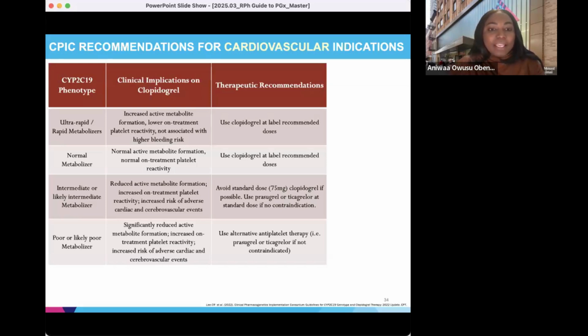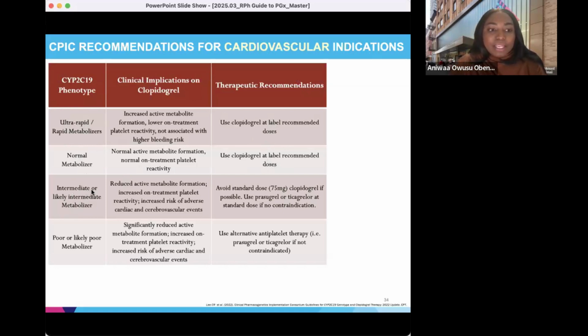So according to CPIC, if you are an ultra rapid metabolizer or a rapid metabolizer or a normal metabolizer, you are okay to use clopidogrel at the label recommended doses for cardiovascular indications, especially in this case for PCI, ACS PCI.